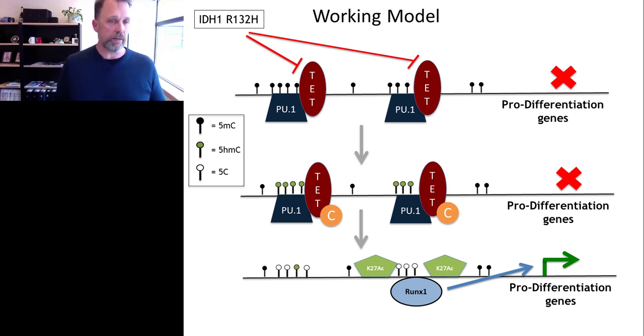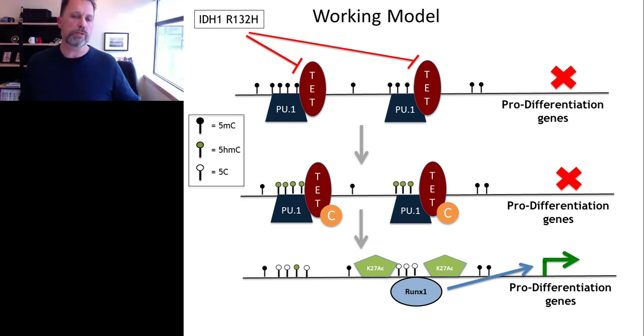By adding vitamin C, we're overcoming this block, leading to the hydroxymethylation of these methylated regions. This leads to DNA demethylation, which allows RUNX1 to be recruited to these elements, which is then driving transcription of the pro-differentiation genes that I showed you in the gene expression analysis.